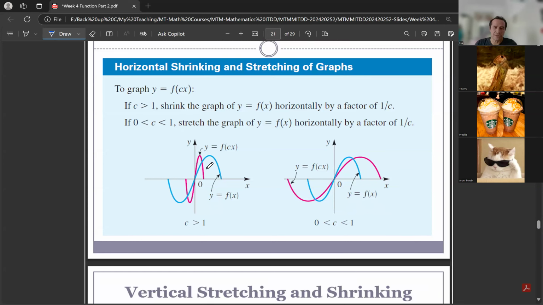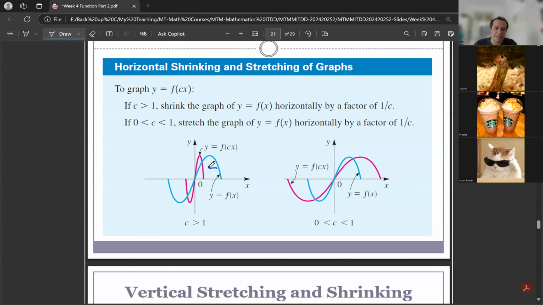This is the illustration. The original one is the blue curve, and after we multiply x by c, where c is greater than 1, the next function is shrinking, dimampatkan. Why shrinking?